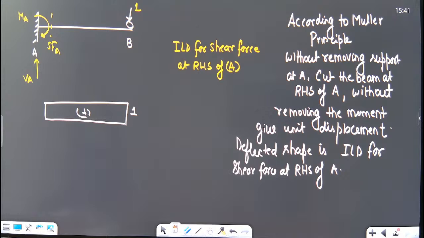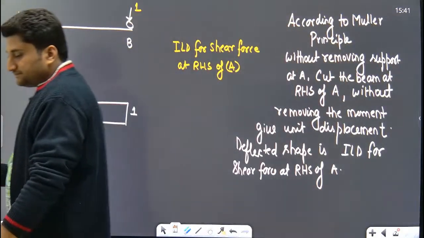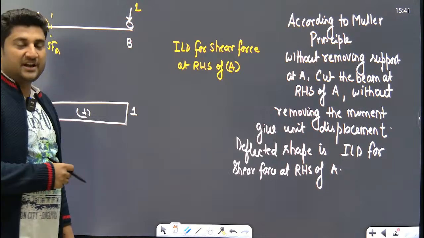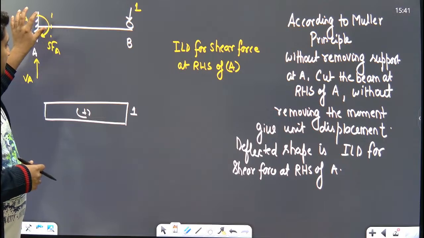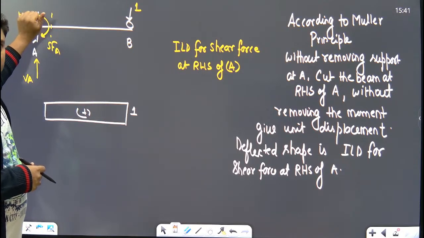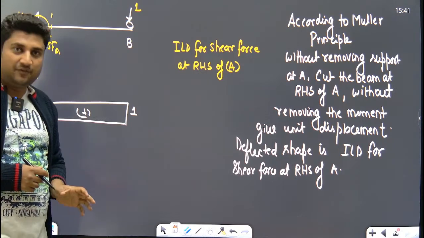Now the next concept. Till now we have seen two concepts. How to get the ILD for reaction at A? Remove the support, and without removing the moment, give unit displacement. The deflected shape is the ILD for reaction.